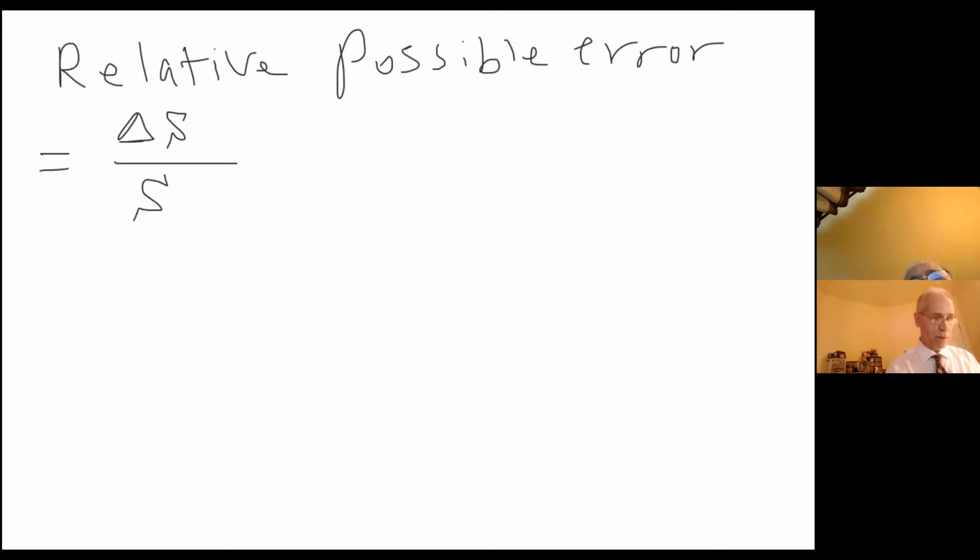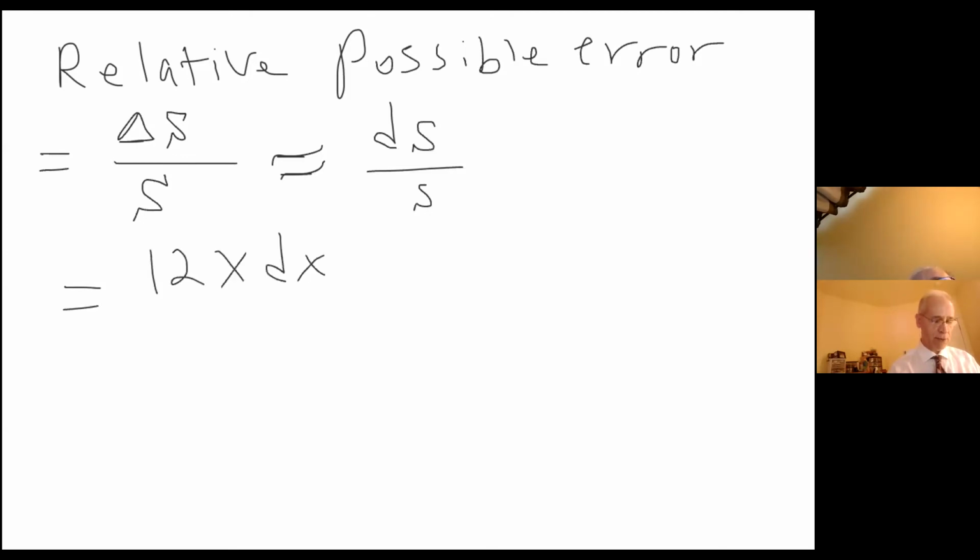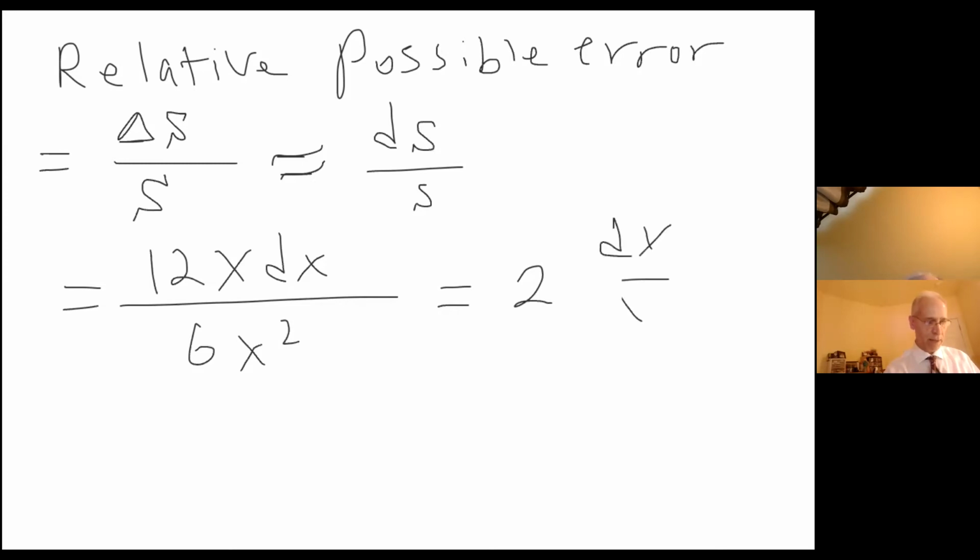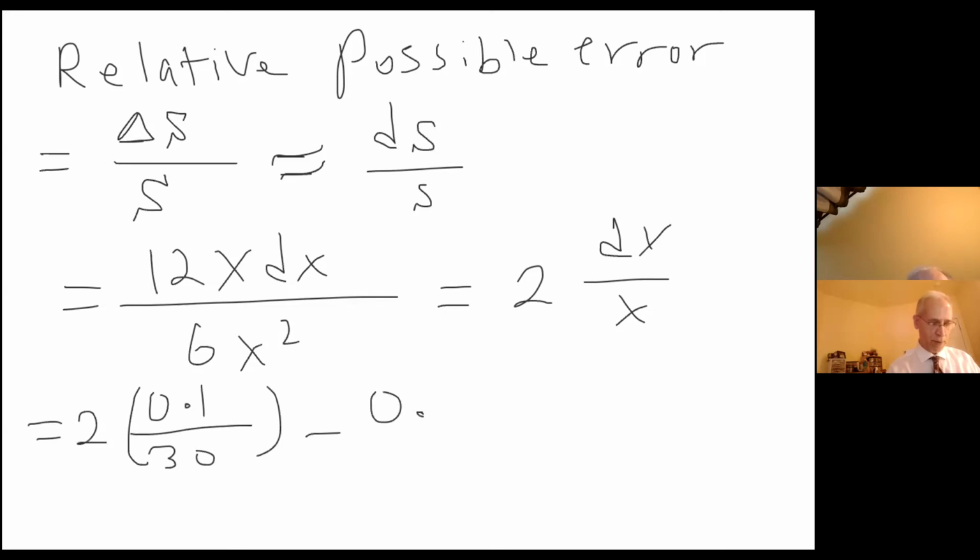So this is approximately equal to dS over S. So this equals dS, we already know that 12x dx, divided by 6x to the second, and 12 and 6 simplify, so I have 2 dx over x, and so this equals 2 times 0.1 divided by 30, and that gives me 0.00666 and on, which is 0.006 repeating.